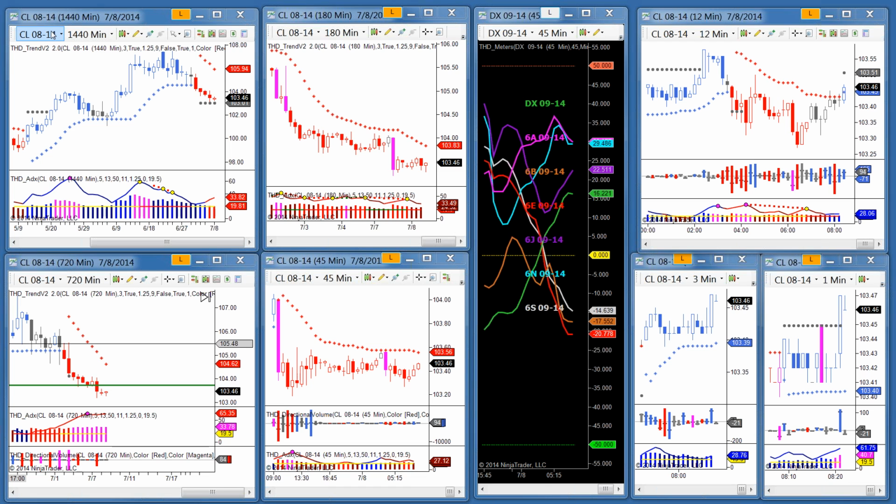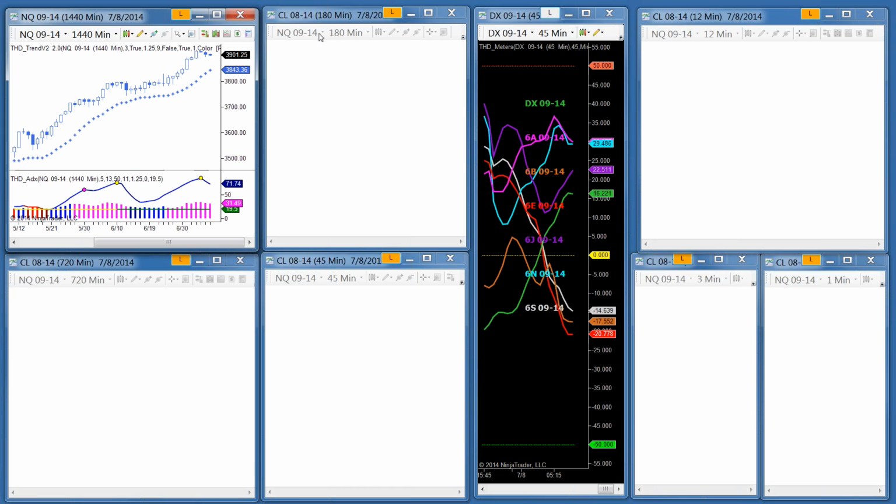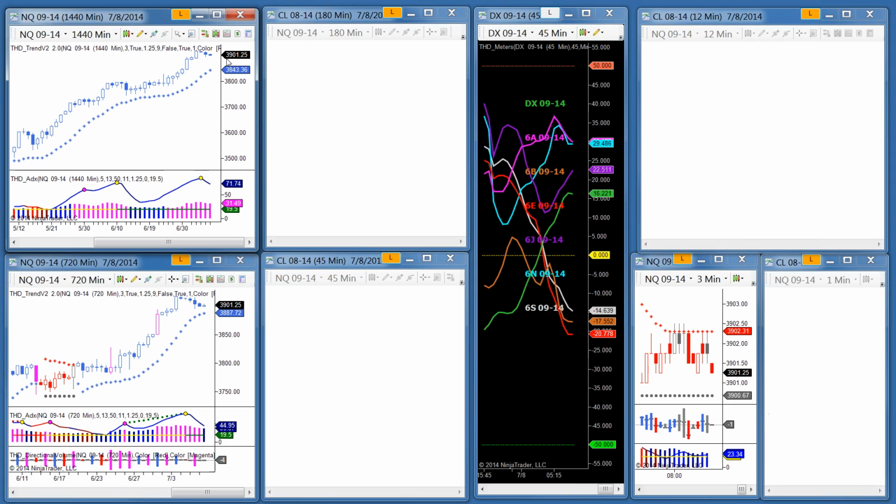Okay. All right, let's go and look at the Nasdaq. Now, on the Nasdaq, we have a magenta peak, which means that this should pull back to the ATR on the 1440. Okay. Again, this could take a while to do that.